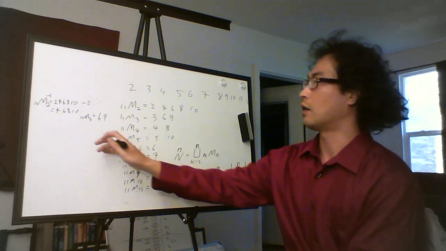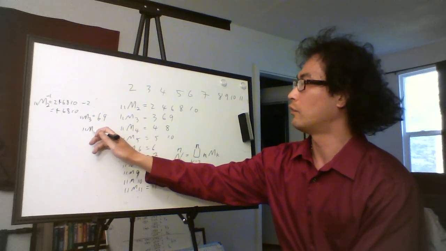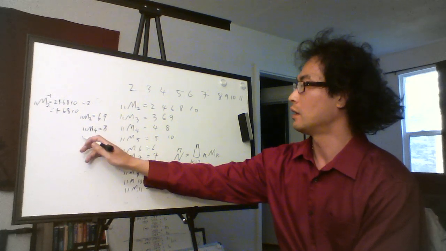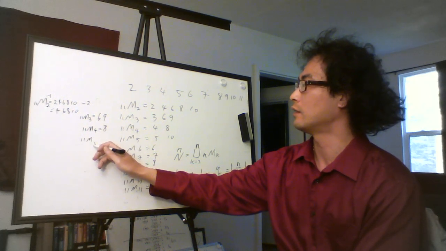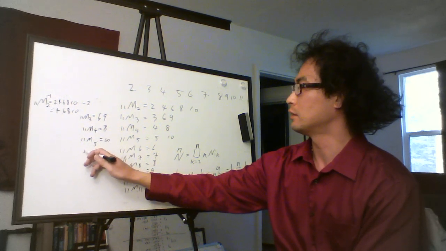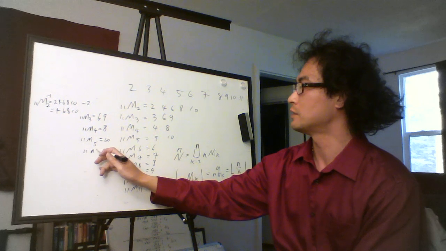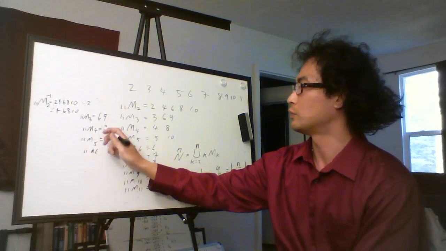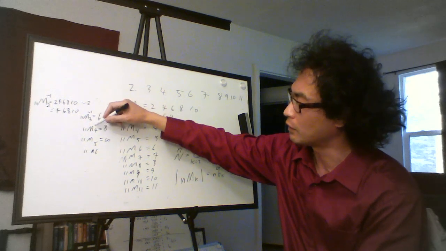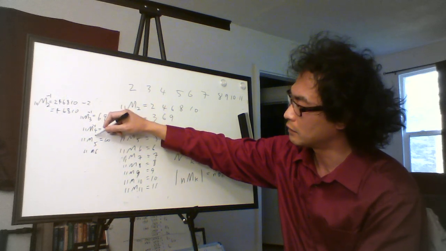Now, 11m4 minus 1 is equal to 8. 11m5 minus 1 is equal to 10. 11m6, I'm sorry, minus 1, minus 1. Get rid of the very first element of this set.